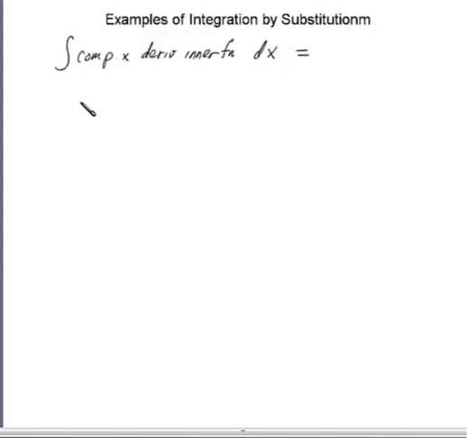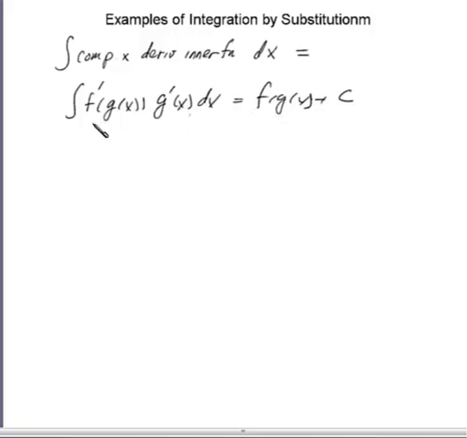Because remember we said that the integral of f prime of g of x, g prime x dx is equal to f of g of x plus a constant. So if we have this integral form, it gives us an easy way to calculate what the value of that integral is. It's f of g of x plus c.